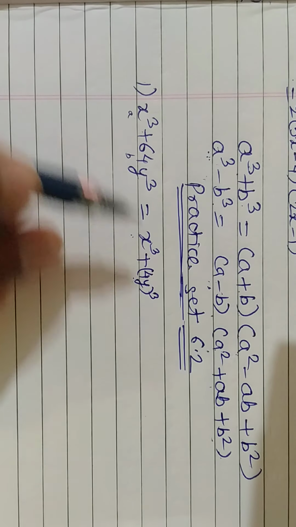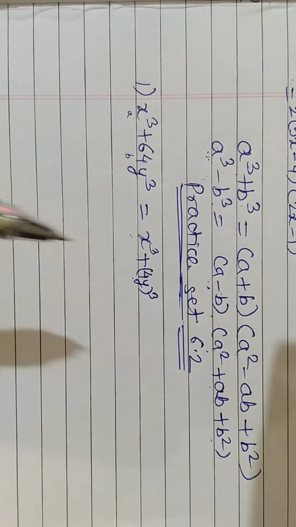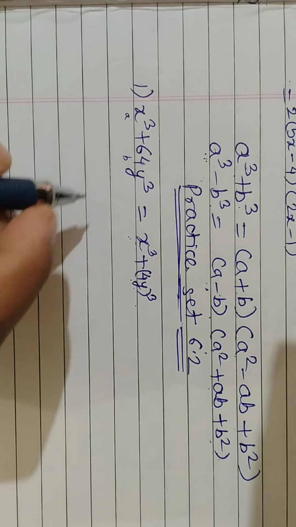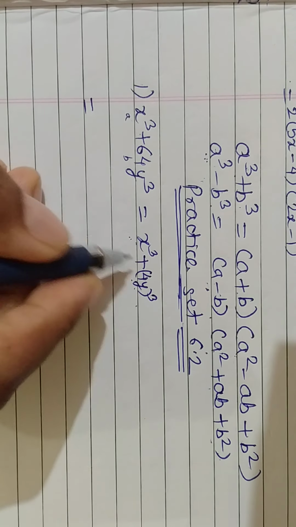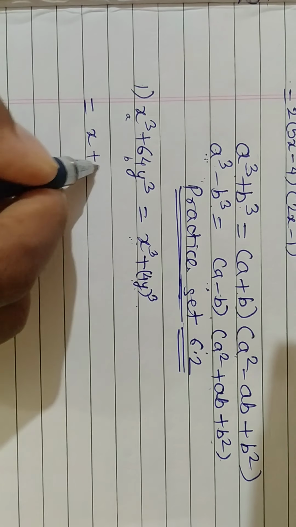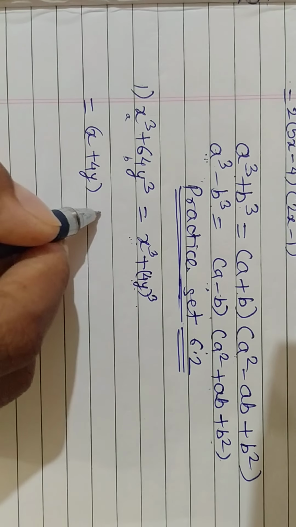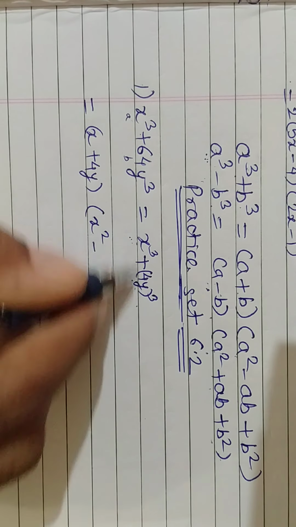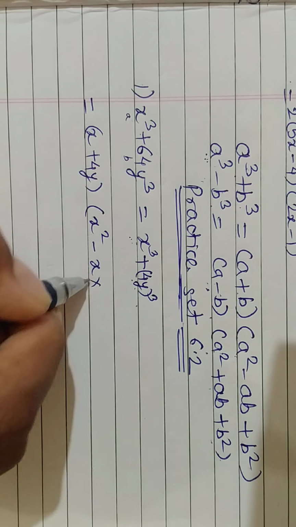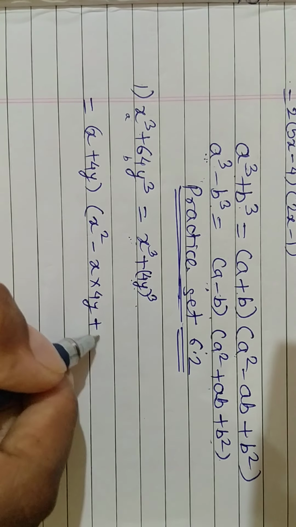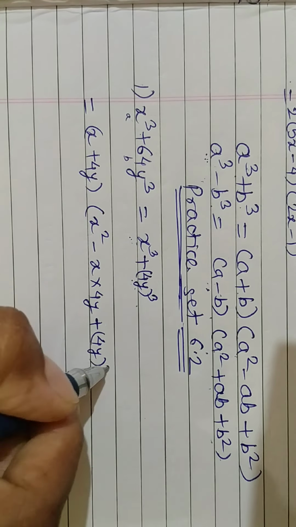Now we can put these values in the formula. Now see, this is equal to a plus b. A is x, b is 4y. Second bracket a square, that means x square, minus ab, x into 4y, plus b square, that means 4y square.